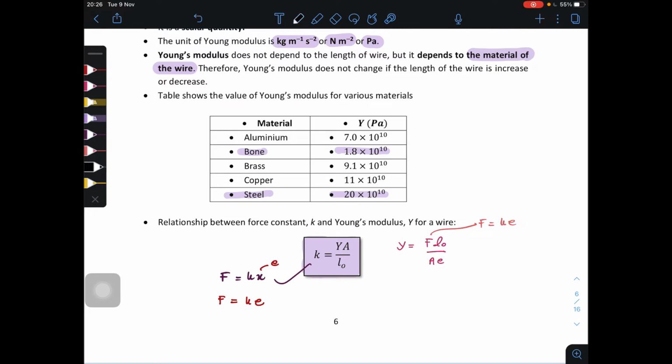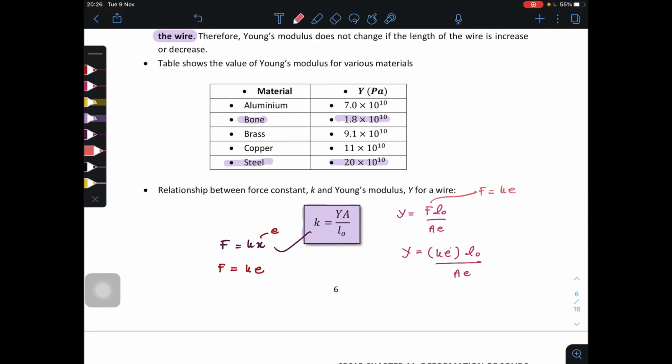So, apabila kita masukkan Young's modulus, this one Ke, L0 over Ae, and then these two we can cancel out and then rearrange, kita akan dapat K sama dengan Young's modulus times with area divided by L0.